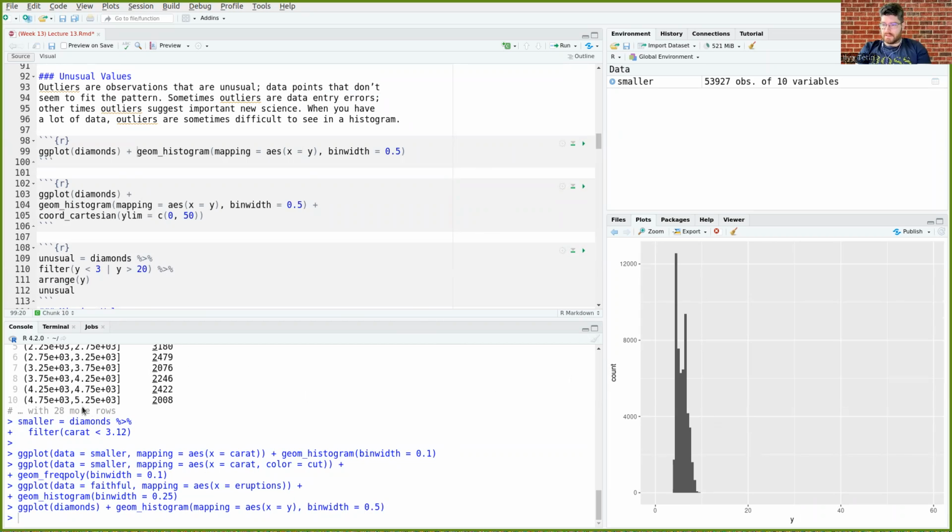We can see some really small values, about zero, over here, but maybe there is some value really far. The geom_histogram is really difficult to use to show us the outliers.